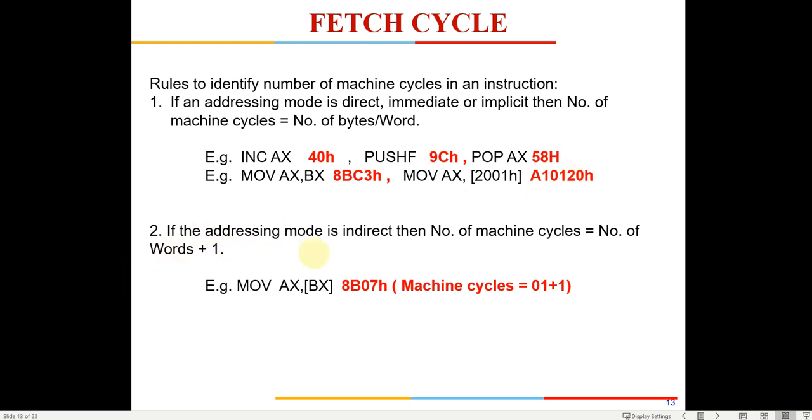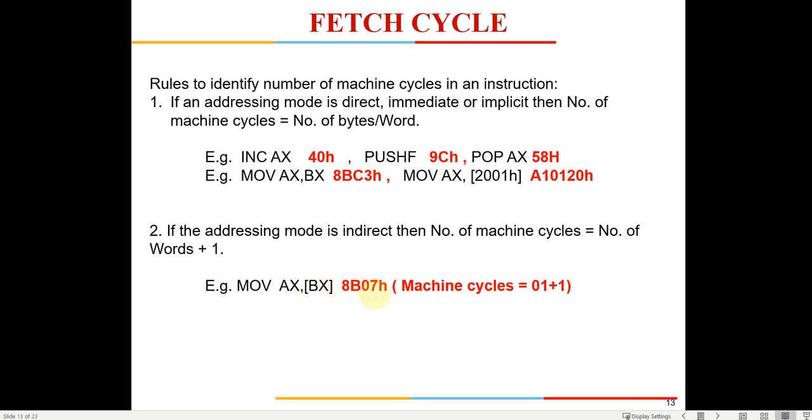But in case the addressing mode is indirect, you will have to add one more machine cycle to decode that indirect addressing mode and generate a physical address. For example, I write MOV AX, [BX].